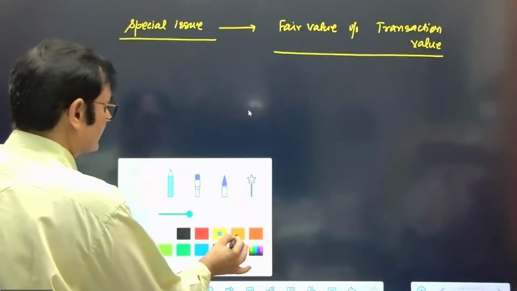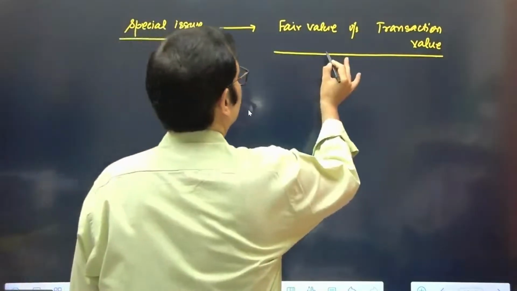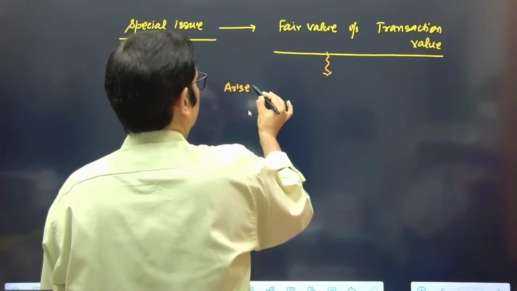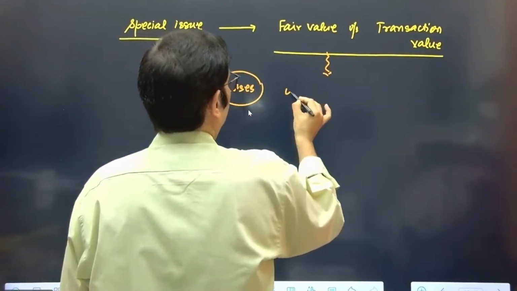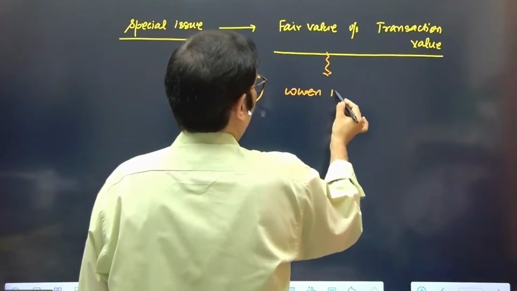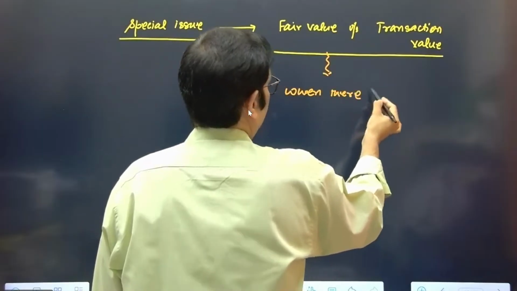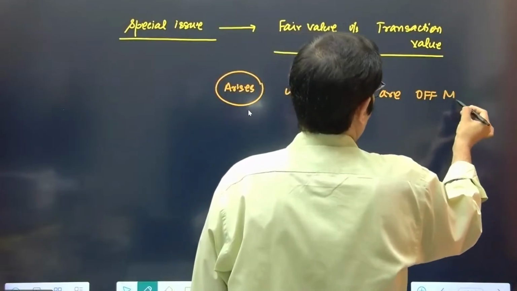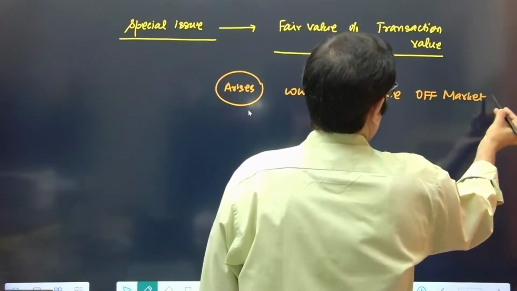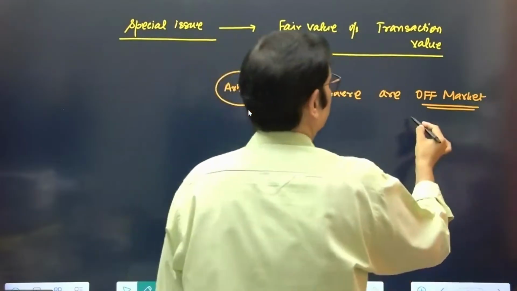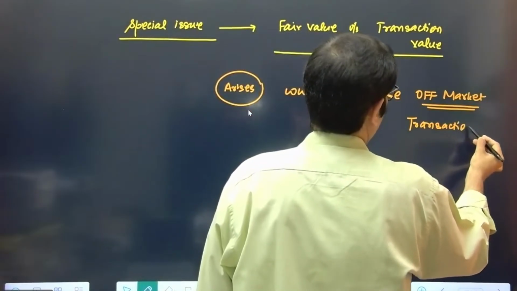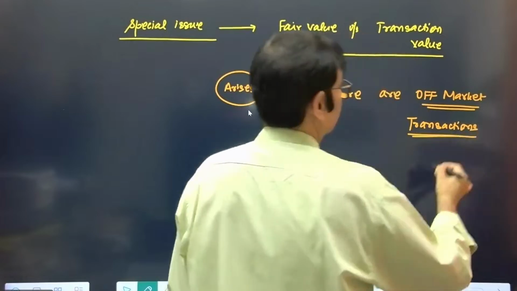So we can say that this concept of fair value versus transaction value arises when there are off-market transactions. When you get off-market transactions, that means the transactions are taking place not at the market rate of interest.